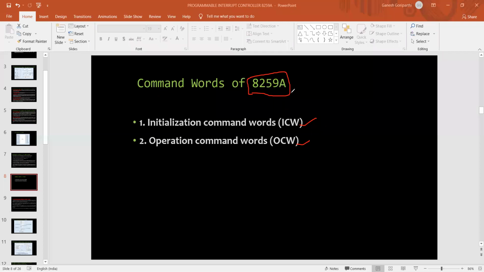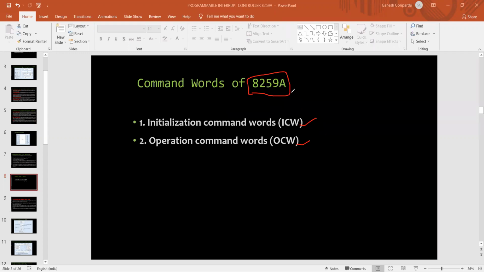When operating in cascade mode, you have to decide whether you are operating a particular 8259 as a master or a slave, and how it operates in each case.